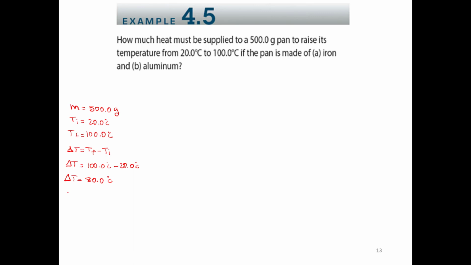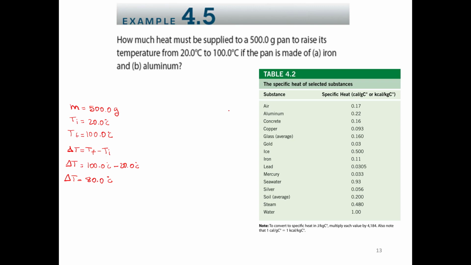And the other information we had from the problem is that we know the material of the pan. Then we know the specific heat for that material. We will use the table, table 4.2 in your book.